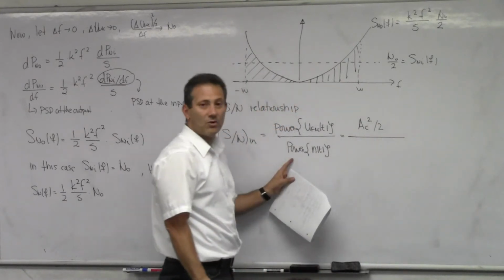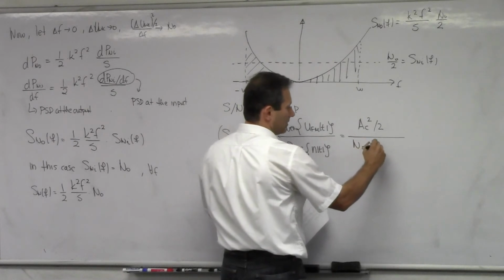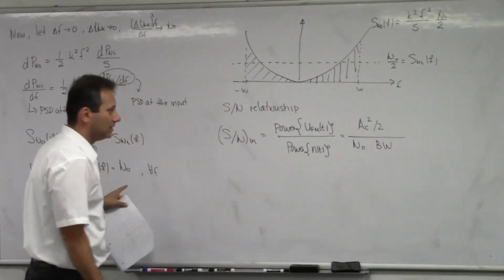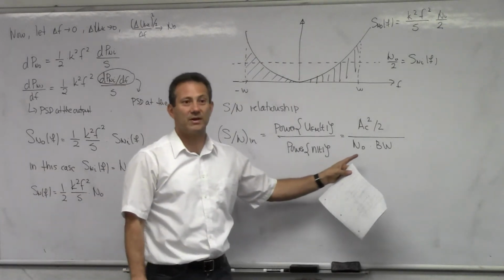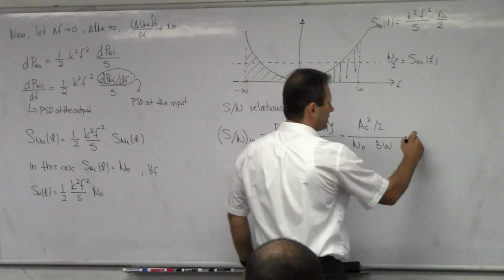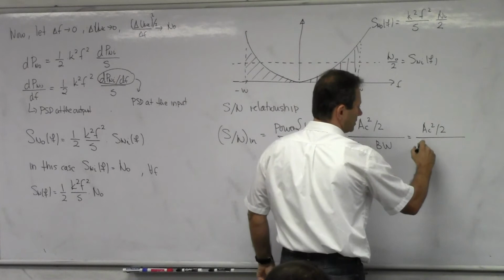How about the power of the noise at the input? Well, it's going to be N0 times the bandwidth over which you're operating. That is dictated by whatever is the front end of your filter, right? Well, this simplifies as Ac squared over 2. This is N0.